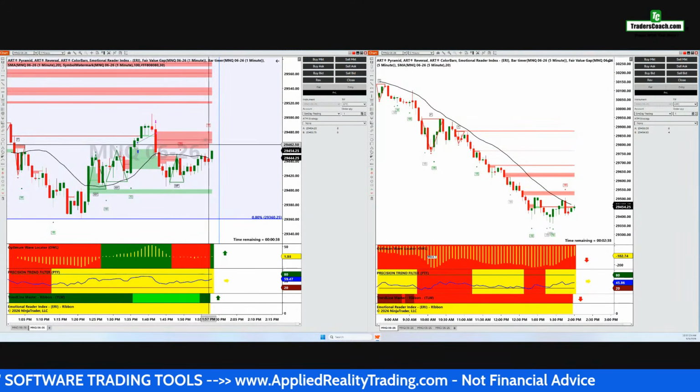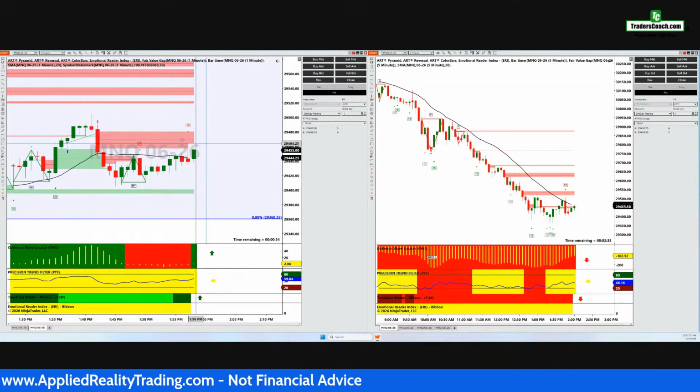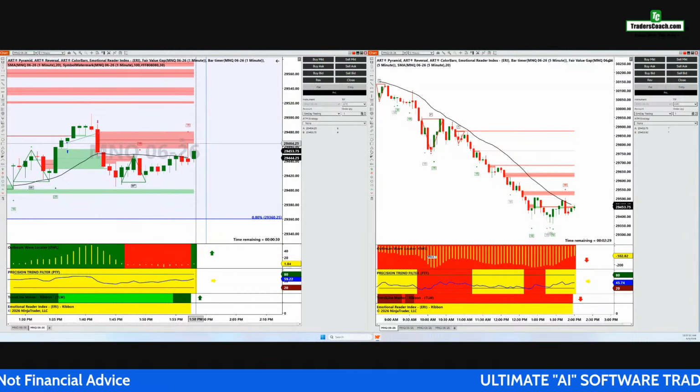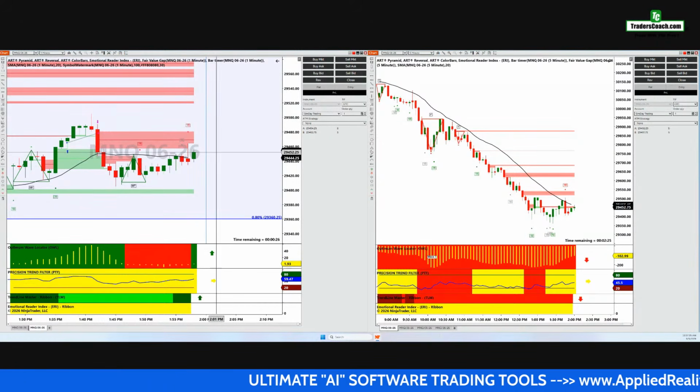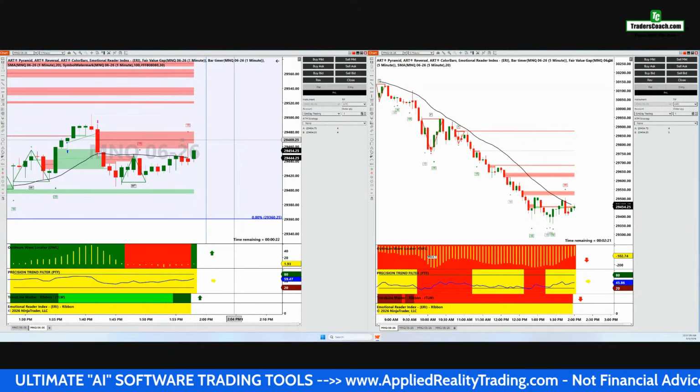Big wick here on this bar. When the bars get wackadoodle, me personally, I think manipulation.